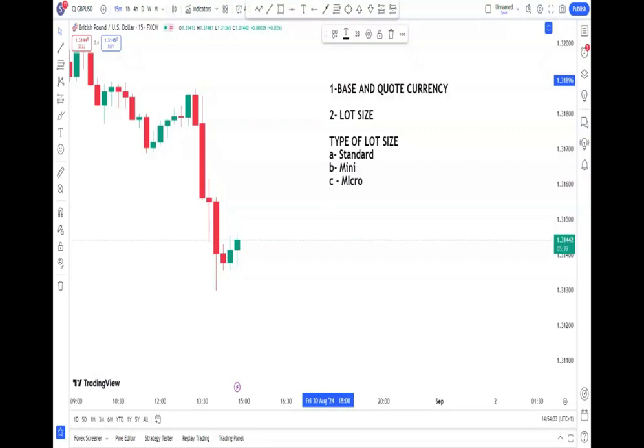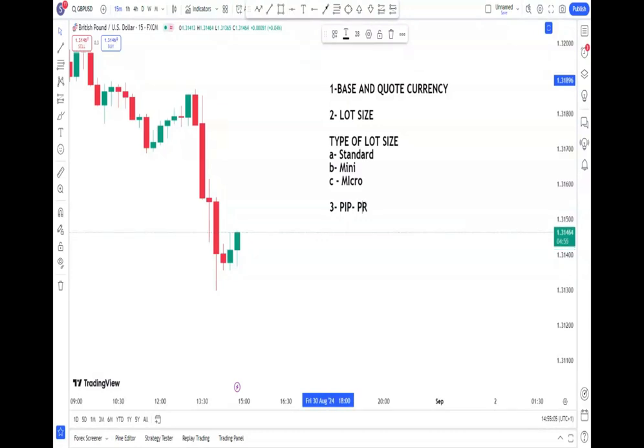Then the next topic we'll be talking about is pips, which is three. What is a pip? Pip is an abbreviation, or acronym, of price interest points.